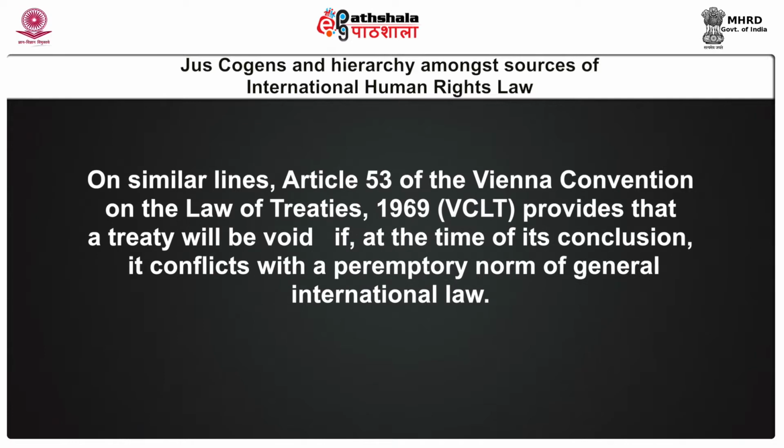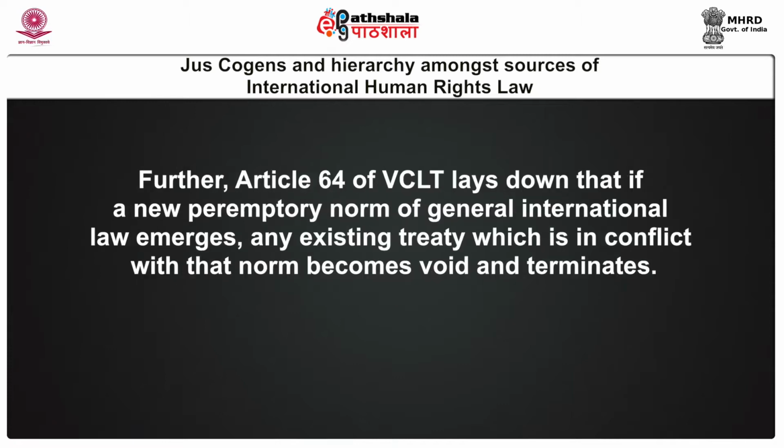On similar lines, Article 53 of the Vienna Convention on the Law of Treaties 1969 provides that a treaty would be void if at the time of its conclusion it conflicts with a peremptory norm of general international law.